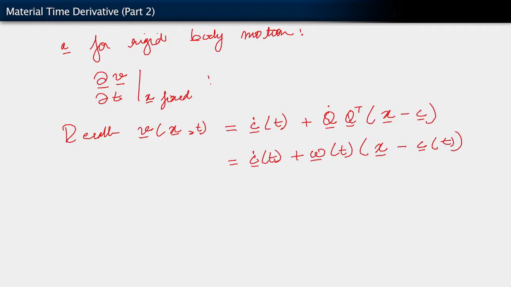Okay, so partial of v with respect to time holding little x fixed.